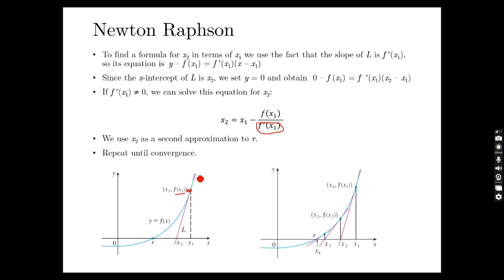So this gives me the tangent of this function at x is equal to x1. Where this tangent intersects the x-axis, I get another point, right? Let me take this as x2.